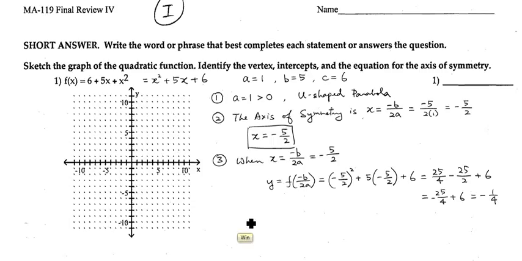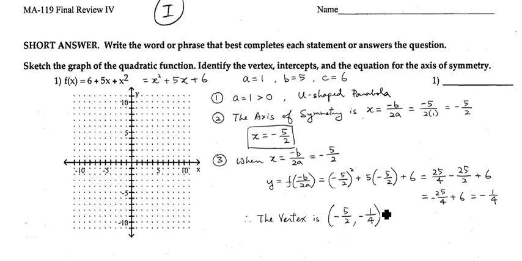So what can we tell then? Therefore, the vertex is negative 5 over 2, comma, negative 1/4. Now this time is a little bit interesting because it's a fraction, not a whole number, but the concept is the same.